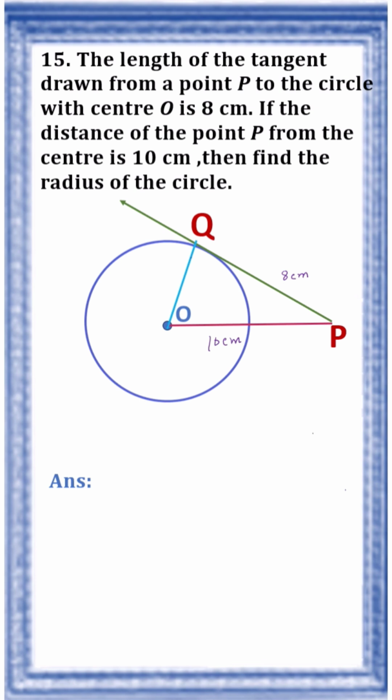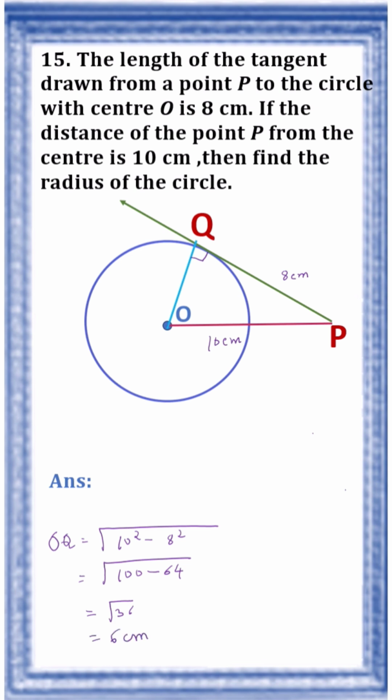Since this angle is 90 degree, we can use Pythagorean theorem. OP square is equal to OQ square plus QP square. So OQ is equal to square root of 10 square minus 8 square, that is equal to square root of 100 minus 64, that is equal to square root of 36, that is equal to 6.